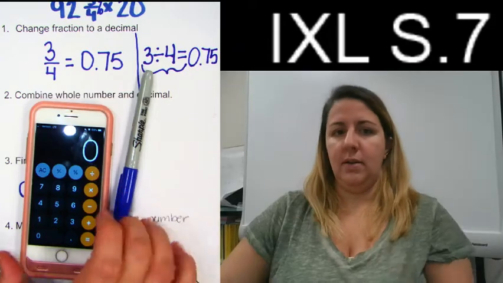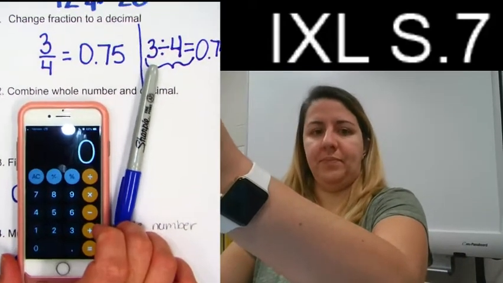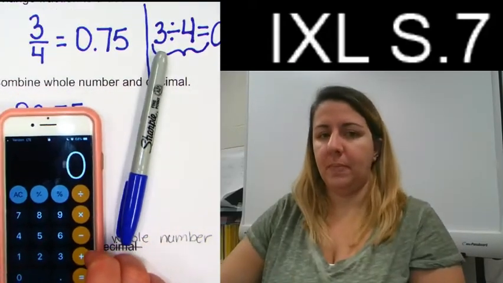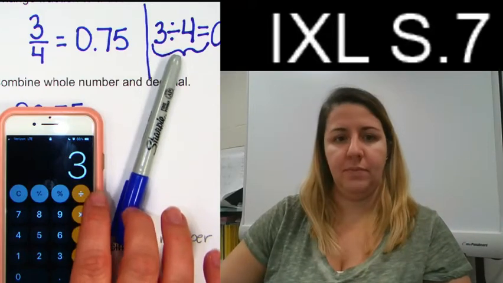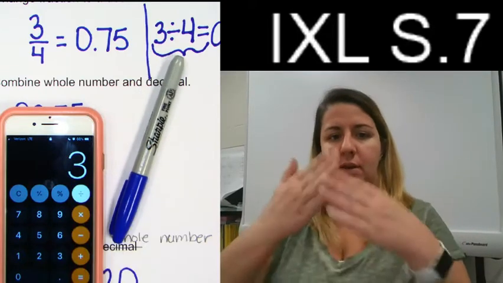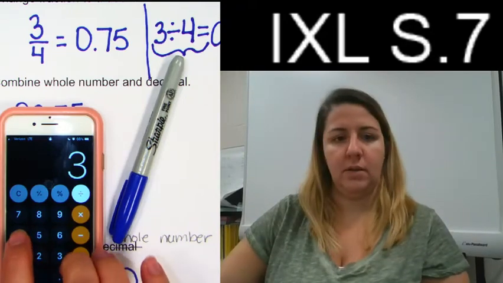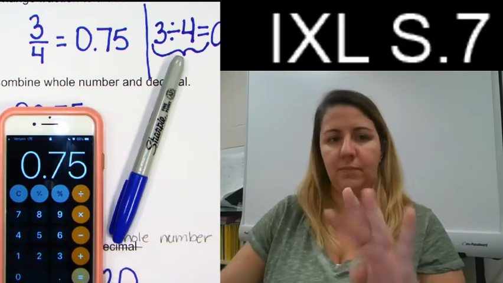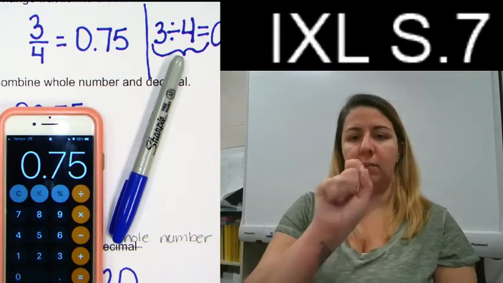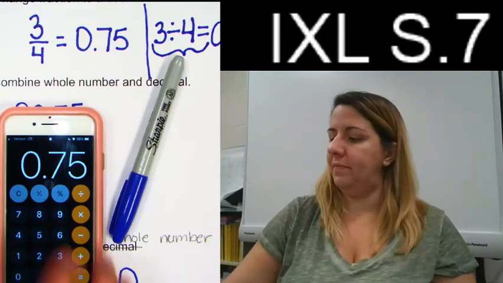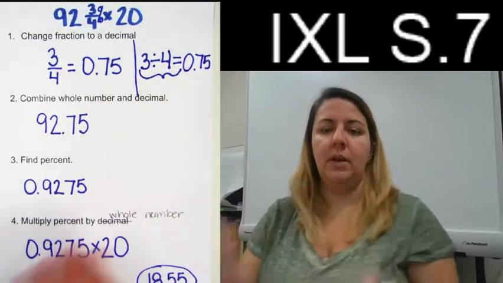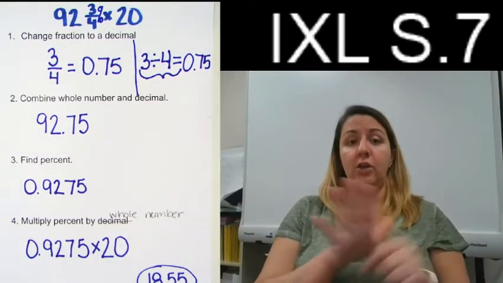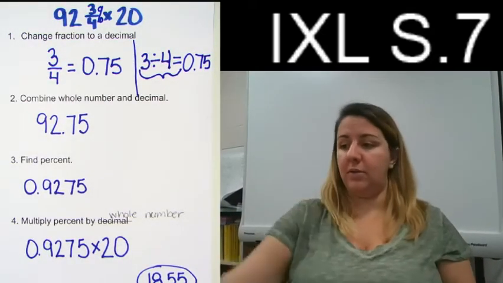Again, three divided by 4 equals 0.75. Now combine your whole number and your decimal.